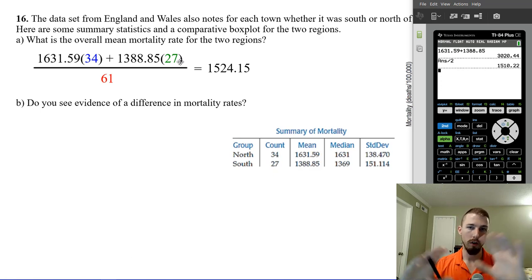You're going to take all the total mortality rates together and divide it by the total, which is the 34 plus the 27, which is 61, and that will give us back the weighted mean mortality rate, which is kind of cool. I hope you can see the difference between that and how the math works. It's kind of fun. I actually stumbled upon that and just made the formula.